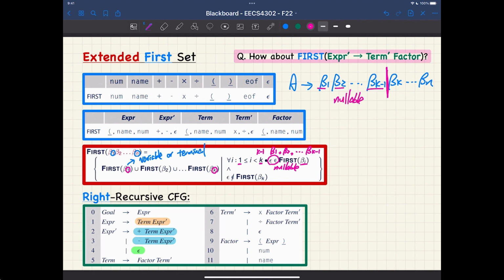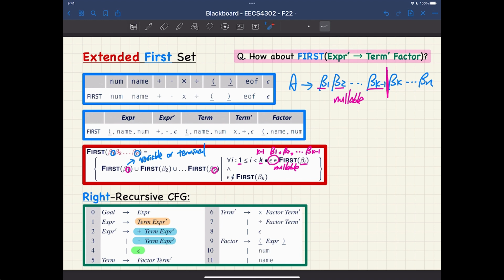If you recall what we did in order to remove the null production, when we say nullable variable, that means you have to think about either this component is there or it is not there. When it is not there, you definitely have to consider the first of beta 2 as well. And where beta 2 may not be there, you also want to consider beta 3, and so on. So there are 2 to the power of k minus 1 possibilities over there.